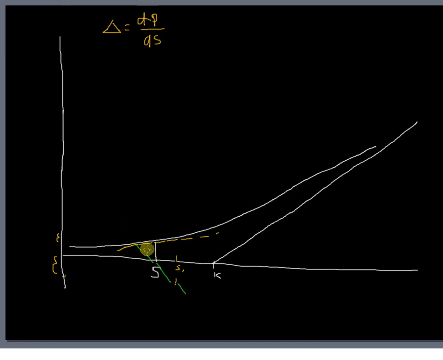Instead of shorting one lot, we short delta lots. Delta lots will be something like this, it's much more flattish already. It's basically the inverse of what we see here because we are shorting the share.